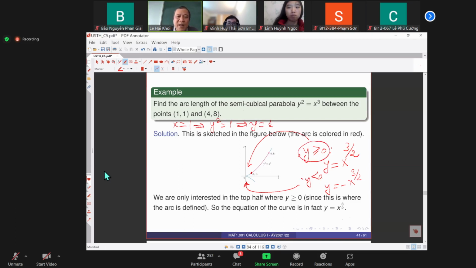If x equals 4, then y squared is 64, and then y is 8. Yes, we have the points (1,1) and (4,8). So that part, and you are asked to find this length.